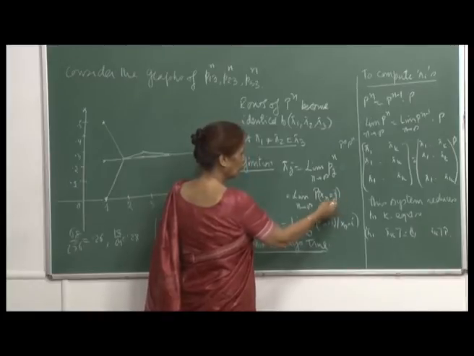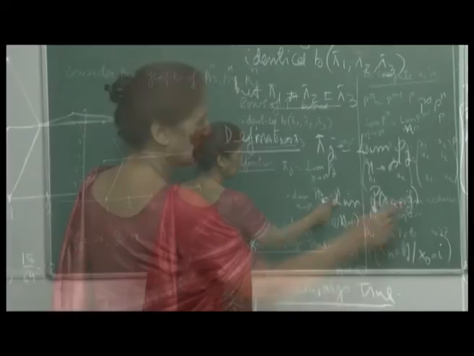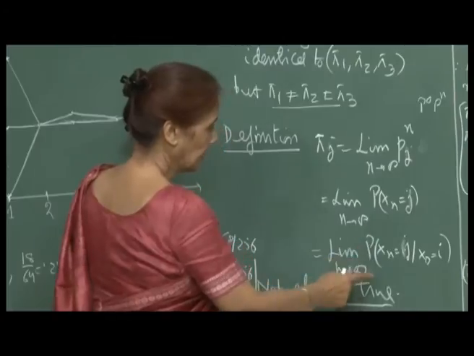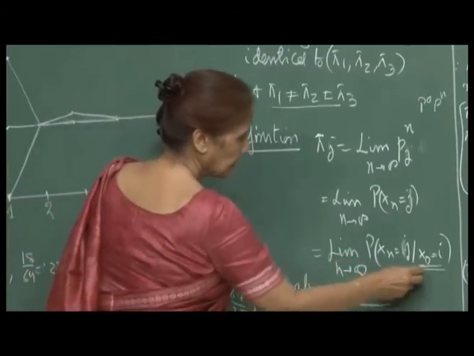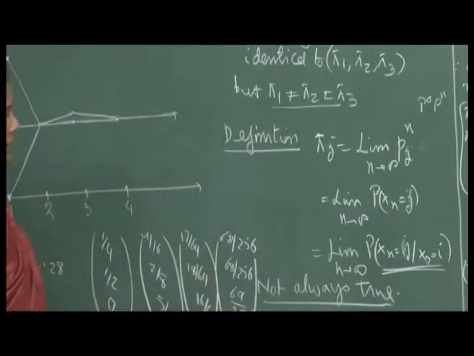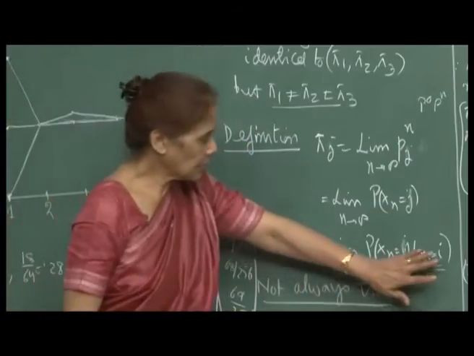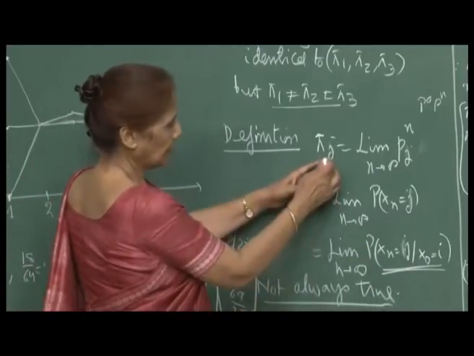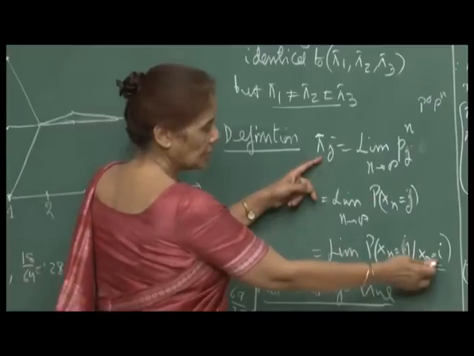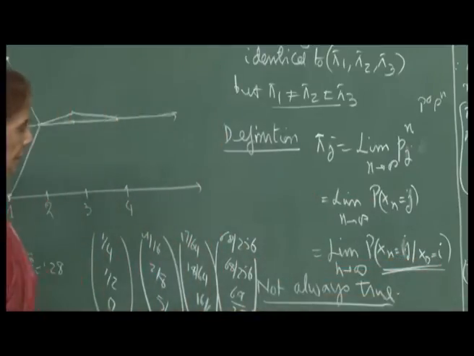In the long run, your system is occupying state j as n goes to infinity. What we are saying is that this equals the conditional probability, but the conditioning part is becoming irrelevant, because the probability finally goes to pi j. So, the i part is irrelevant here. This is what we want to show you.